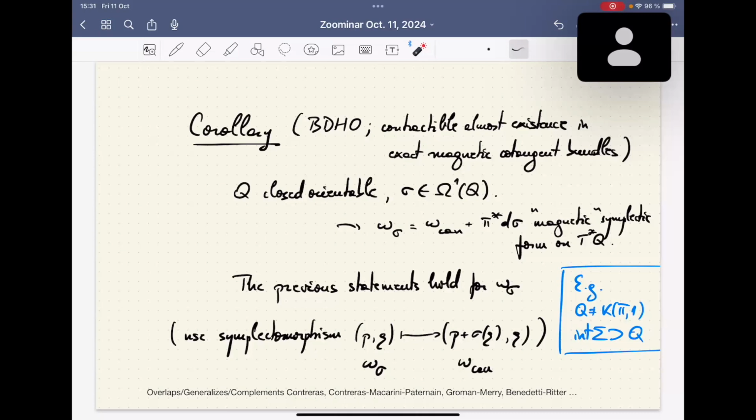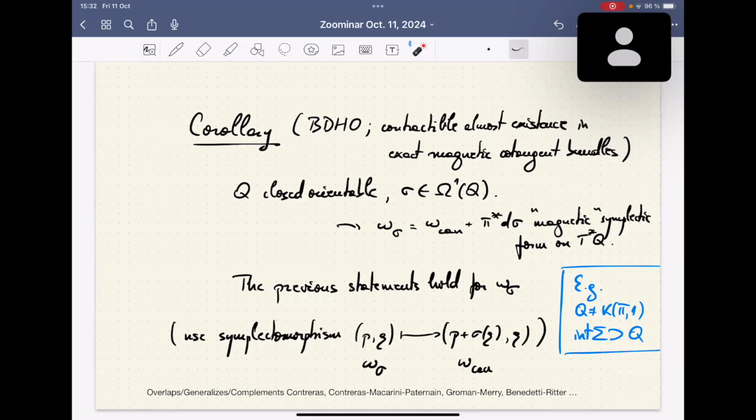So certainly the previous statements will hold for this so-called exact magnetic symplectic form. And in particular, for any exact symplectic magnetic form, on any hypersurface that contains the zero section, we have closed characteristics, as soon as the manifold is not a K(π,1).